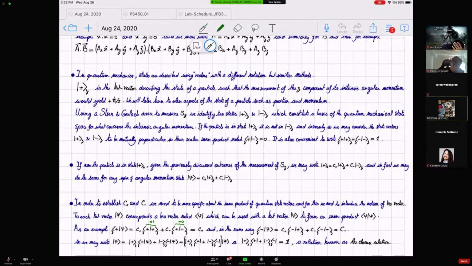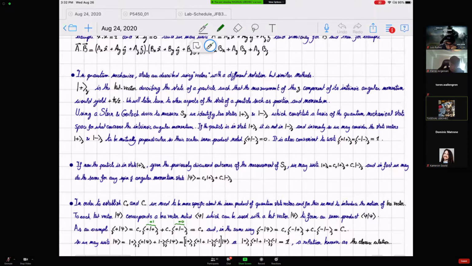And so if the particle is in the state plus sub z, it is not in the state minus sub z. And that's something that we are going to transcribe by stating that those two vectors are perpendicular to each other.